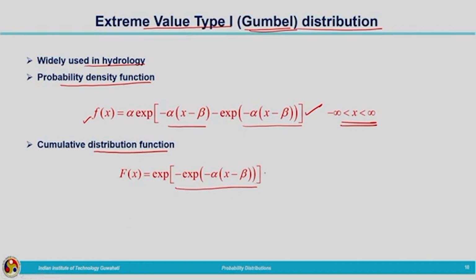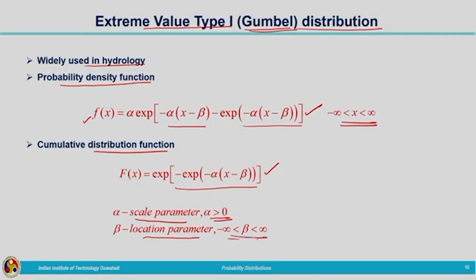So, the cumulative distribution is given by this function. In this, alpha is the scale parameter, it can take values greater than 0, and beta is the location parameter, it can take values between minus infinity to plus infinity.